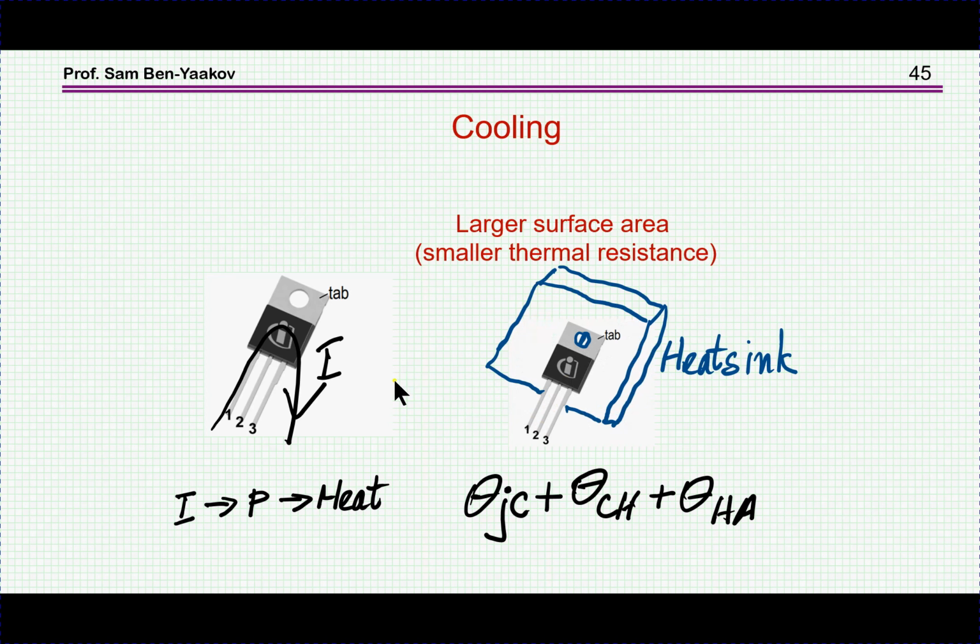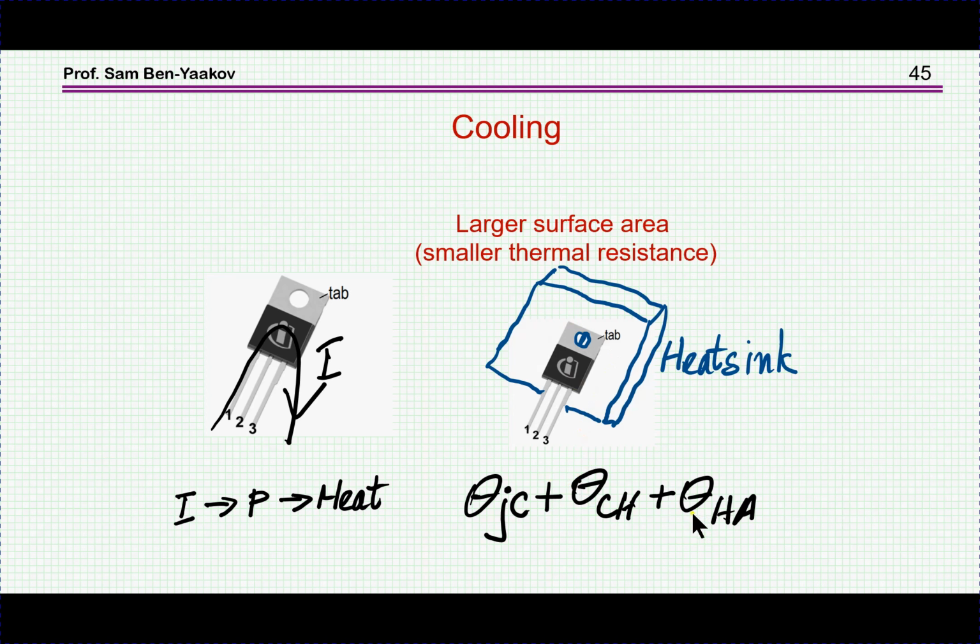Now, in this case, we're going to have three thermal resistances, in fact. One is internal to the transistor, between the junction and the case. This is given in the datasheet. Then between the case and the heatsink, if you use some insulation, we have to take the thermal resistance of the insulation into account.